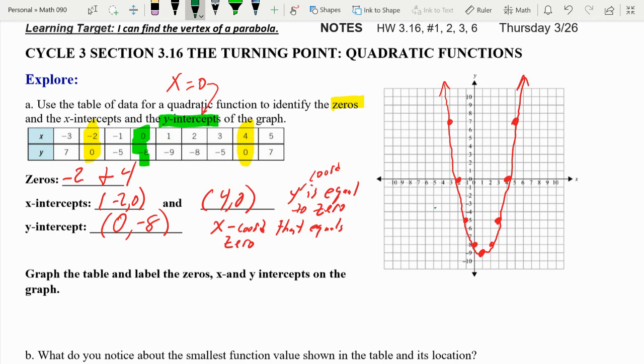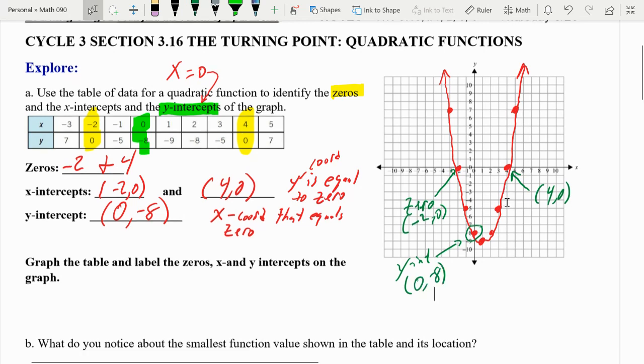There's one zero, which is (-2, 0). There's the other zero that I totally missed, which is (4, 0). And they wanted us to label the y-intercept. Well, where does it cross the y-axis? It's crossing the y-axis right there. So here's our y-intercept, which is (0, -8).